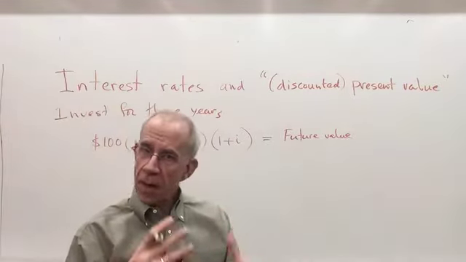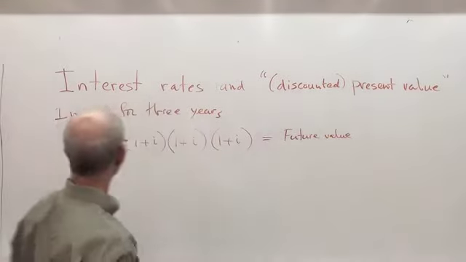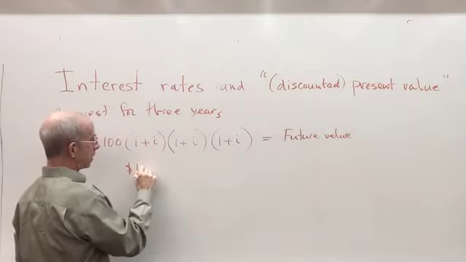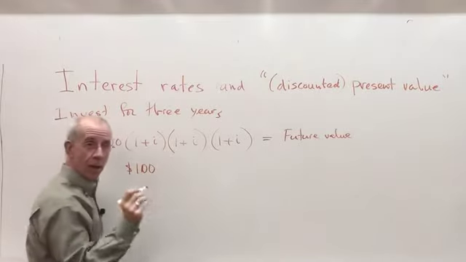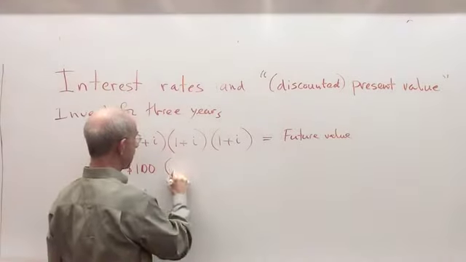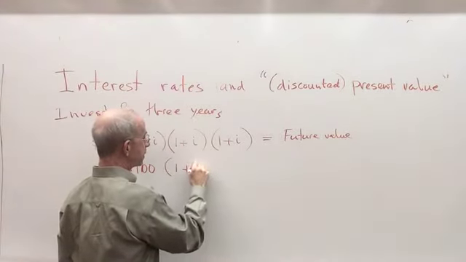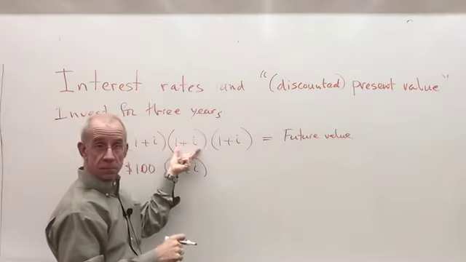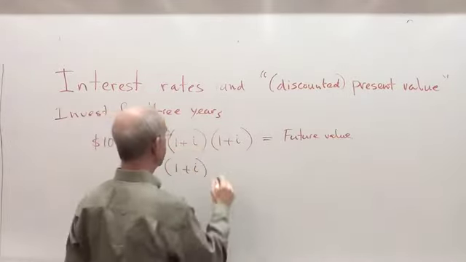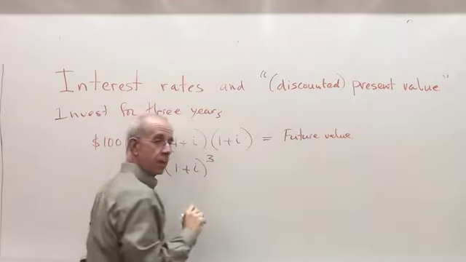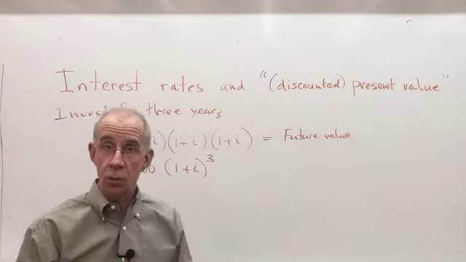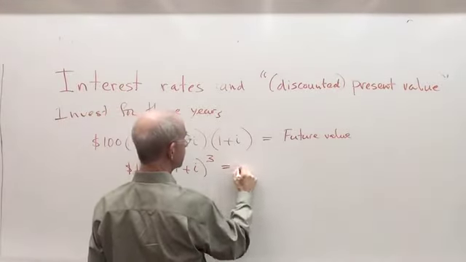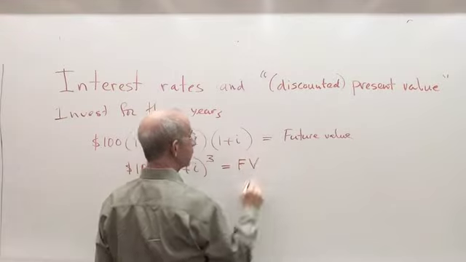Now, let me rewrite what I just did. This is equivalent to saying $100 multiplied times 1 plus the interest rate times itself. In other words, 1 plus the interest rate cubed for 3 periods is equal to this future value.